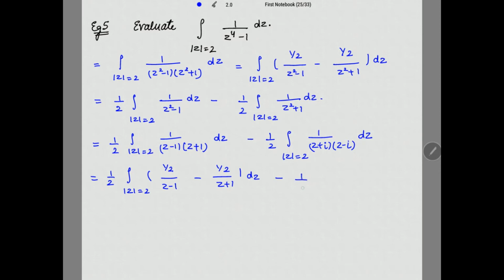This will become 1 over 2 integral mod z equal to 2. This will be 1 over 2 iota and minus 1 by 2 iota for z plus iota.